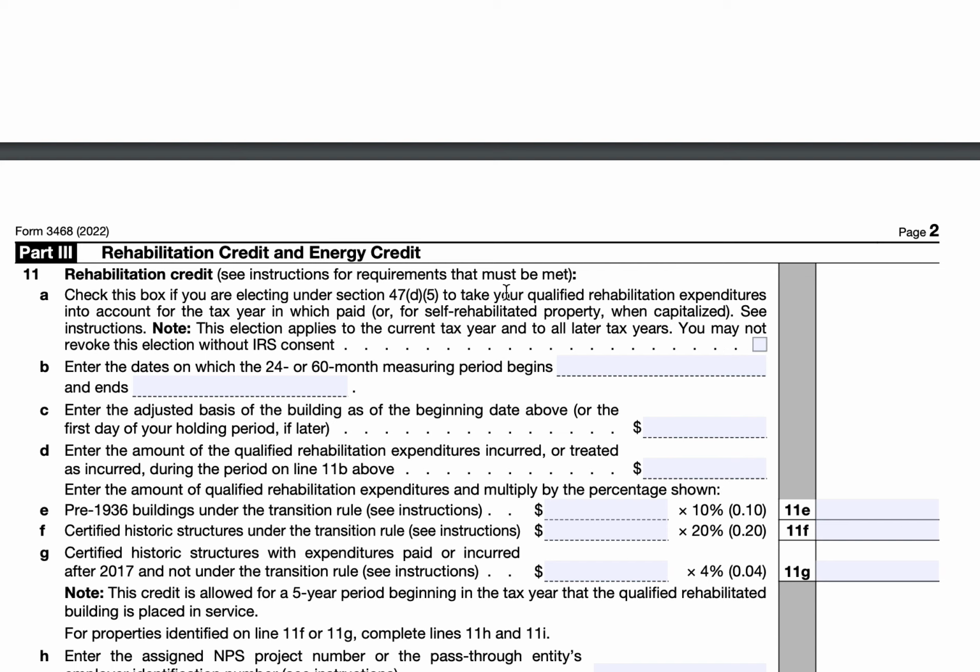We're going to go through line 11, and so you can check the box in line 11A if you're electing under Code Section 47(d)(5) to take your qualified rehab expenditures into account for the tax year in which you paid for them.